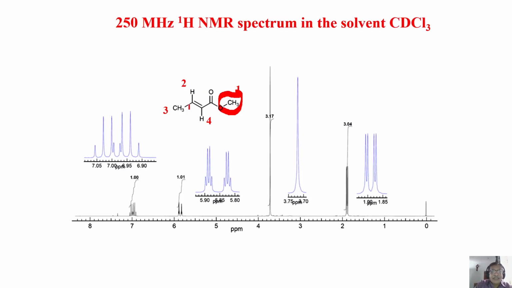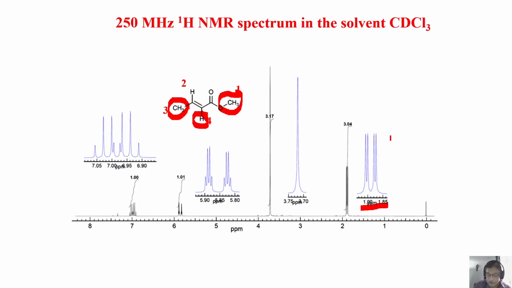Then obviously it must be CH3, this one, because this CH3 has one coupling with this, which gives a doublet, and that doublet is split into another doublet because of this proton. As a consequence, you get 4 lines of equal intensity. So this must be CH3. You agree with me? This assignment can be done easily.